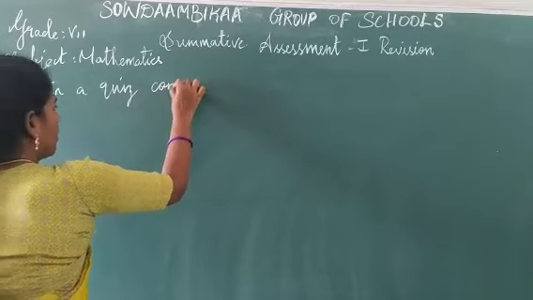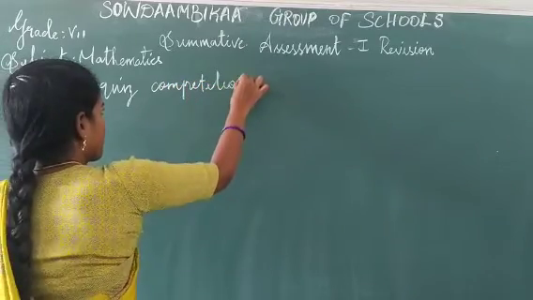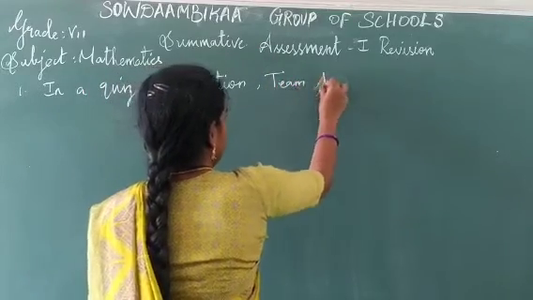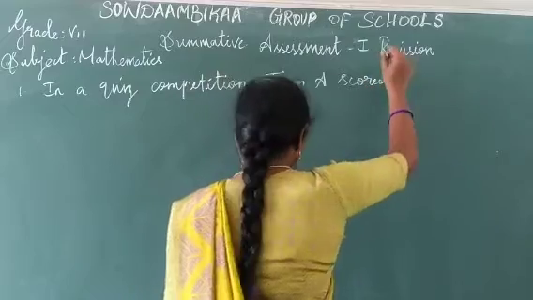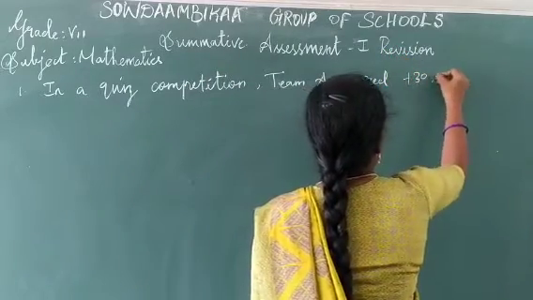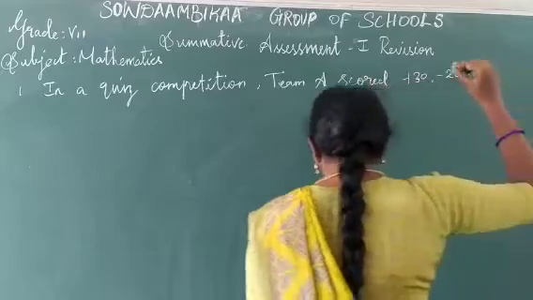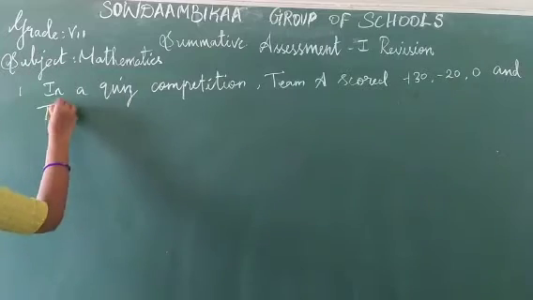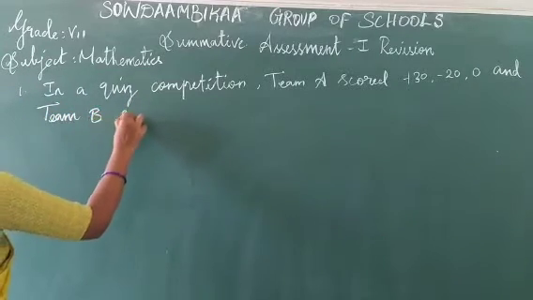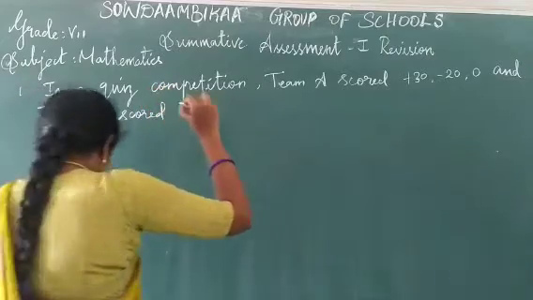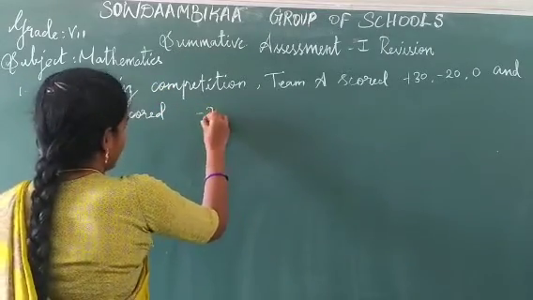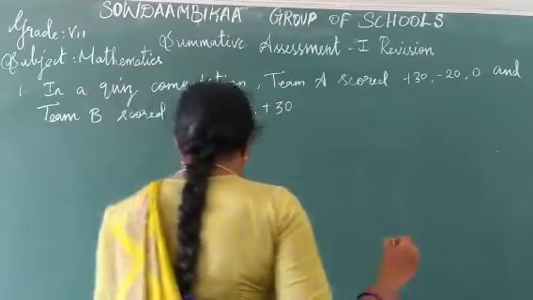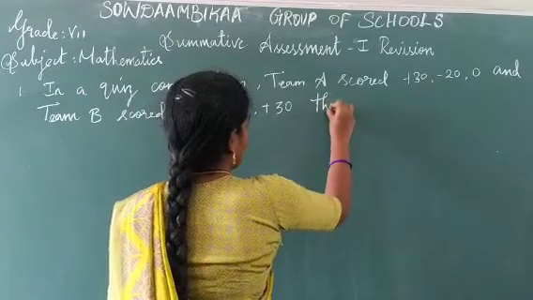In a quiz competition, Team A scored plus 30, minus 20, 0, and Team B scored minus 20, 0 and plus 30 in three successive rounds.